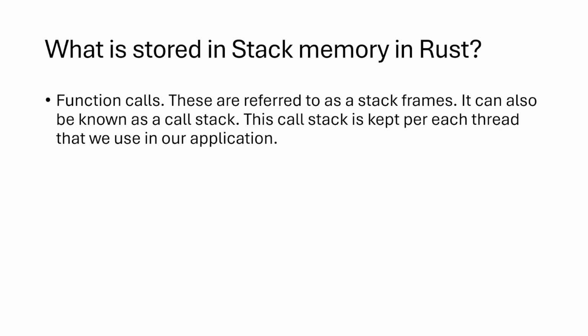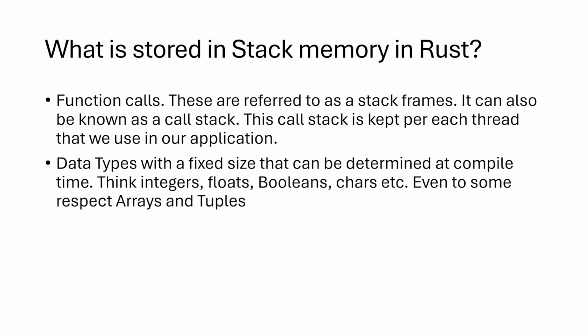So the first thing we store is function calls as stack memory. But associated with those function calls are going to be local variables, right? So we'll see a function that has a let, and we store a number, something like that, right? Well, what gets stored in the stack along with those calls or the stack frames is any data types that have a fixed size.